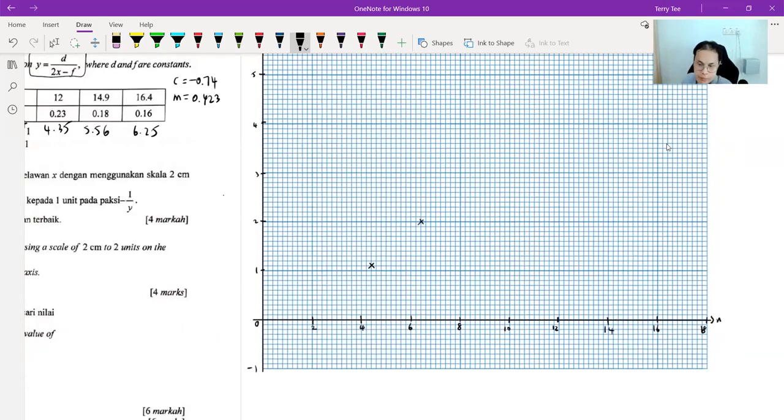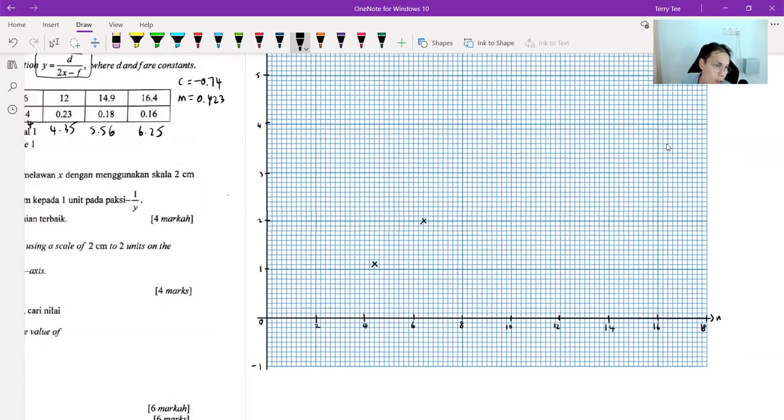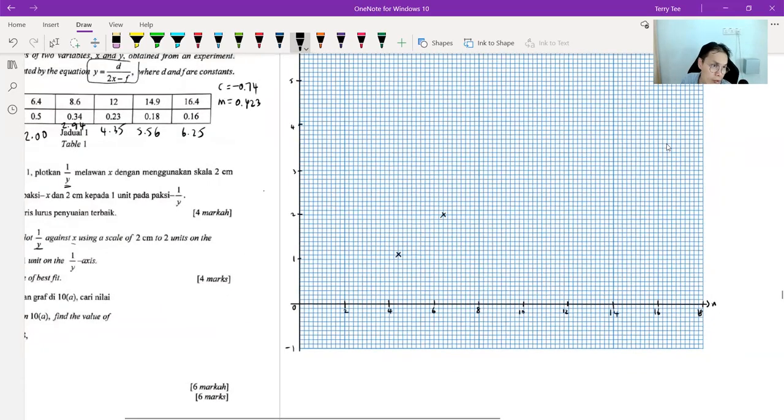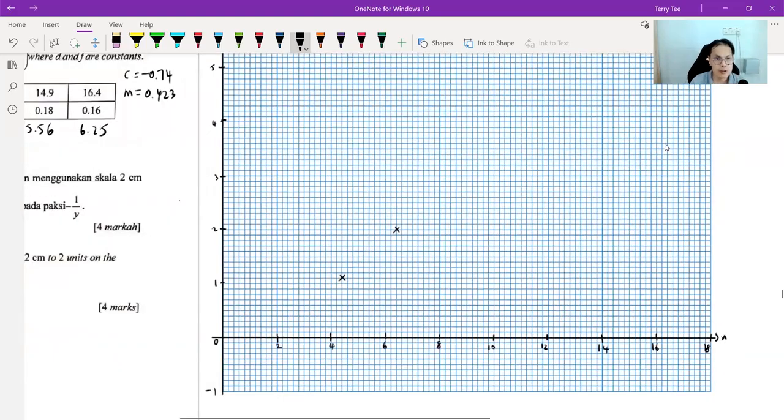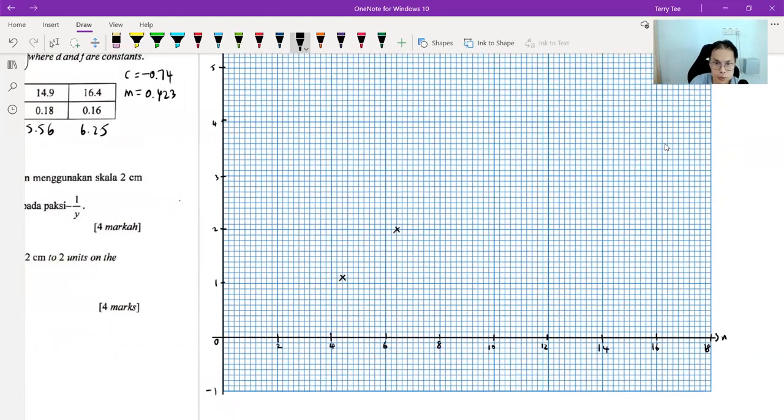Next will be 8.6, 2.94. 8.6 will be here, 2.9. 2.9 is here, but for 2.94 you can put 2.95 if you want. 2.95 is in between 2.9 and 3.